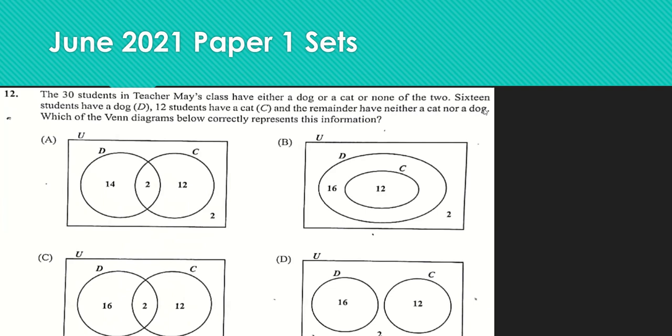So they're telling you they have nothing in common. So the answer will be D and not B, which was a question that looked like this but the wording was a little different. If they said all the persons who have a cat also have a dog, then it would be B. But because they did not say anything about that, D is the answer.